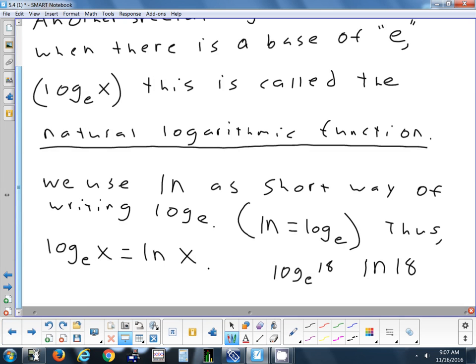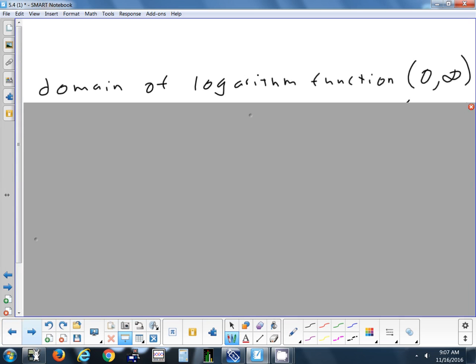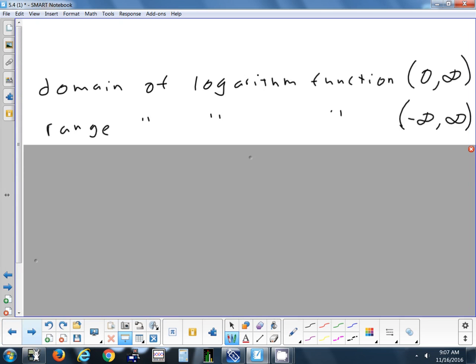Neither one. And the range of the log function is negative infinity to infinity. If I go back and look at the function in red, it does go down forever, and it does go up forever. It goes up extremely slowly, just as slowly as the exponential function is fast at going up.